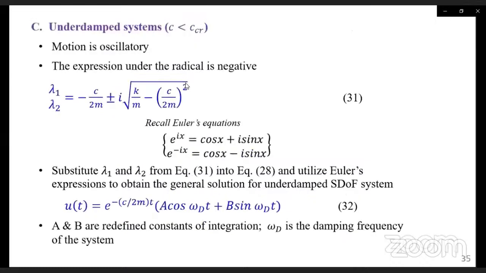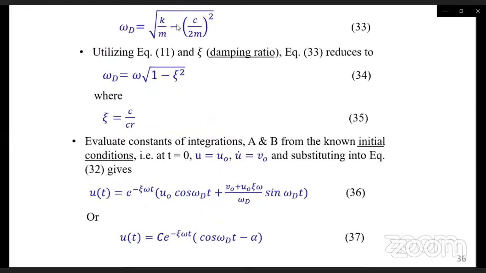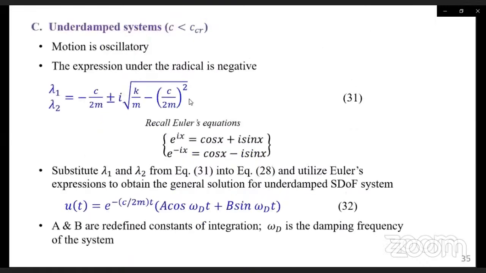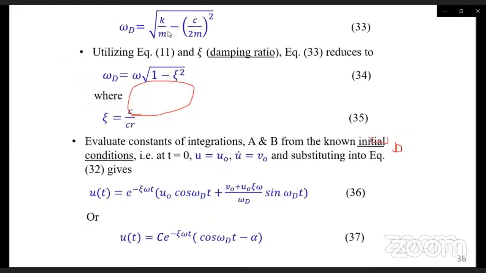So the damping frequency we have called omega d. This is given by the square root of k over m, and the root of all that is omega d, given here.